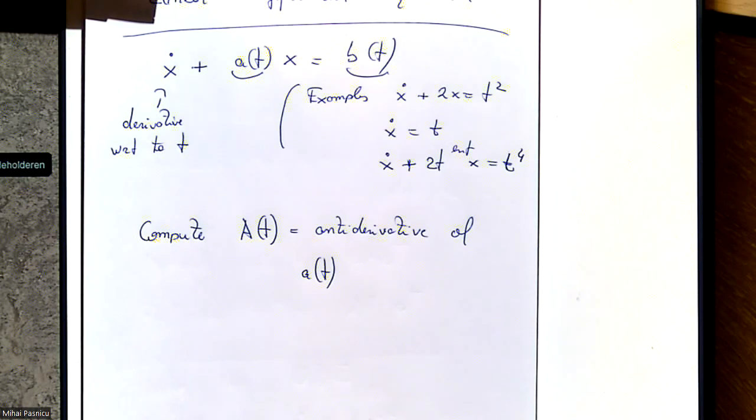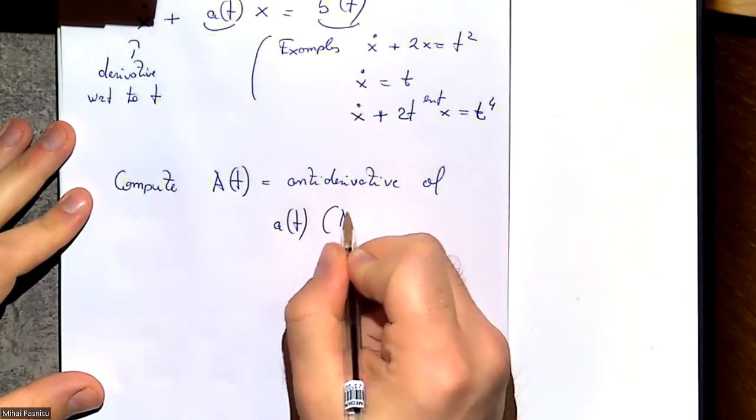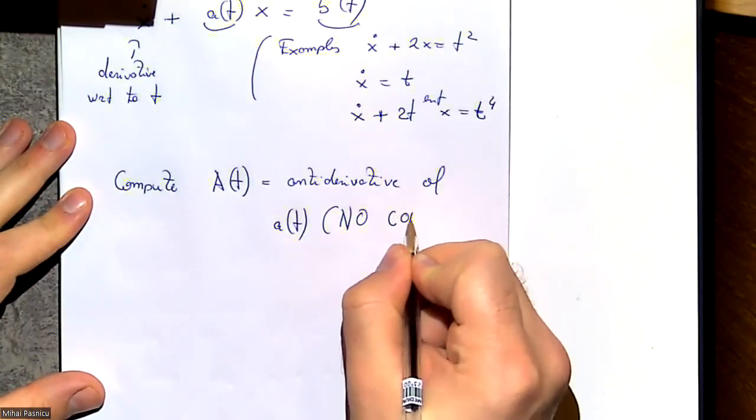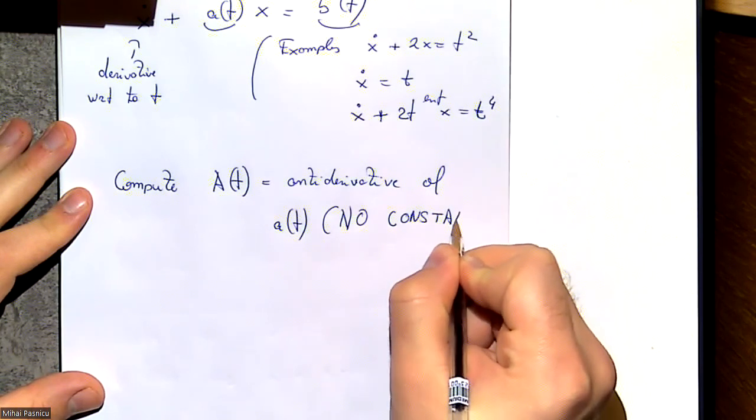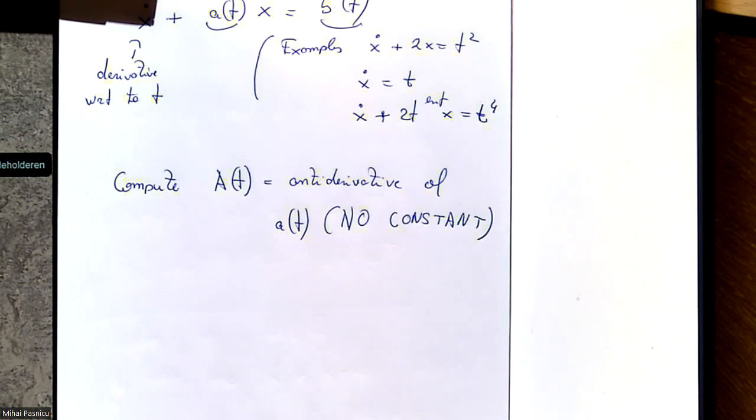The formula is standard. The antiderivative of a(t), and pretty important, no constant to it. Then you just plug in the formula and you are kind of done. I'll give you the idea of how to compute it since that's how I know to do it.